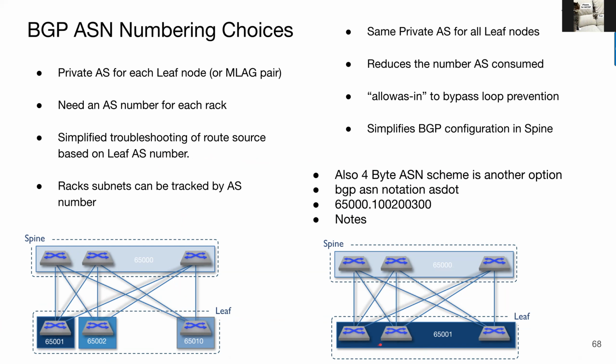If you use the design choice on the right, just keep in mind that you need to use allowas-in for loop prevention, which basically means that if I'm going to have this 65,001 on my path, when this remote leaf receives it, typically he would drop this route because he sees the 65,001 and he's like, well, I'm 65,001, but we don't want him to drop it.